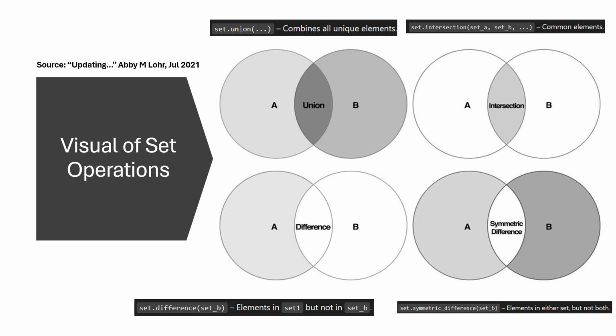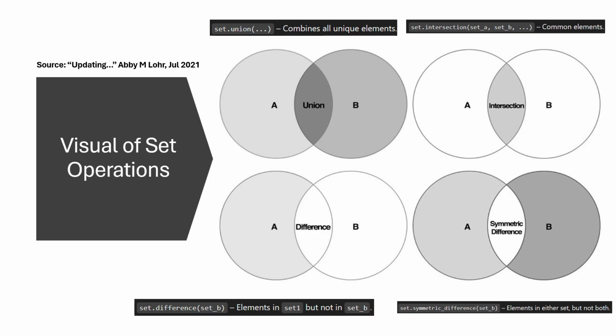A union combines all unique elements from sets A and B. For set intersection of sets A and B, it only combines the common elements between the two.